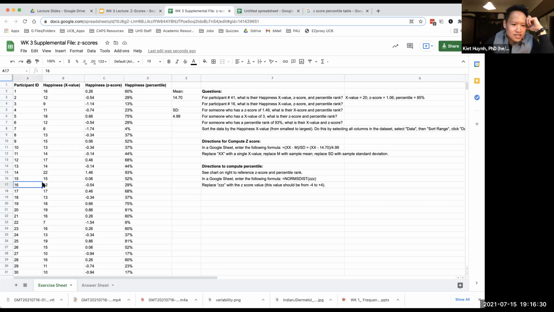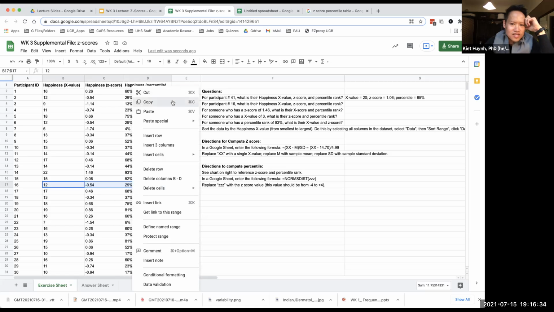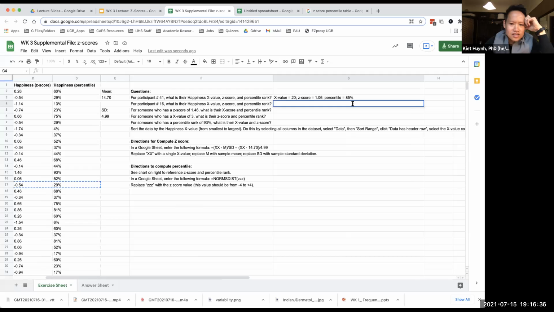Let's just copy that. Click, the cursor comes up, paste. X value is 12, Z-score is negative 0.54, percentile is 29%.